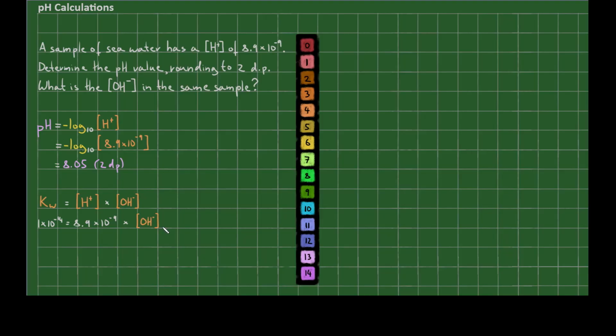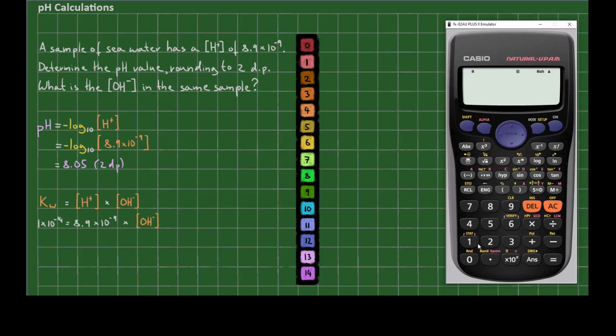To calculate the hydroxide ion concentration, I need to divide both sides by 8.9 times 10 to -9. I will have 1 multiplied by 10 to the power of -14 divided by 8.9 multiplied by 10 to the power of -9. And that will give me this value.